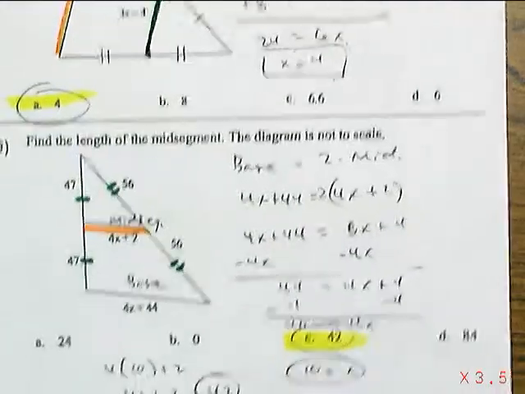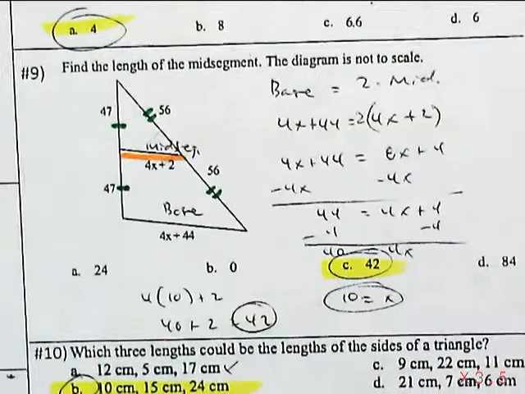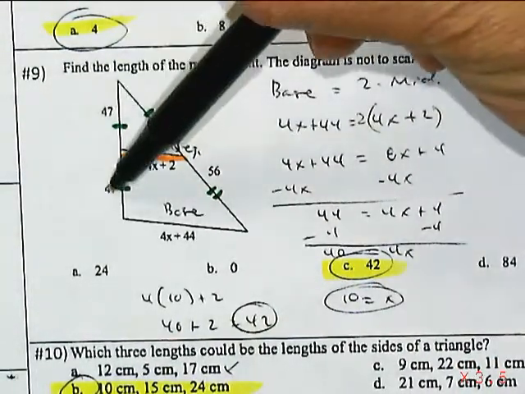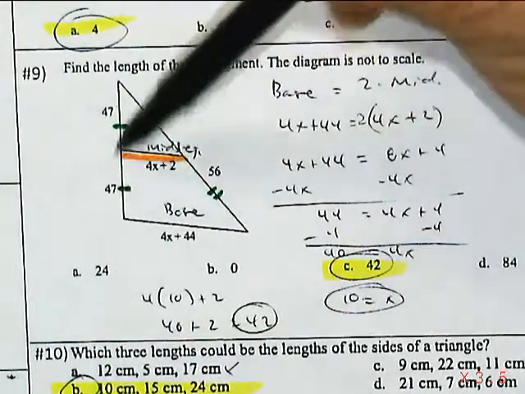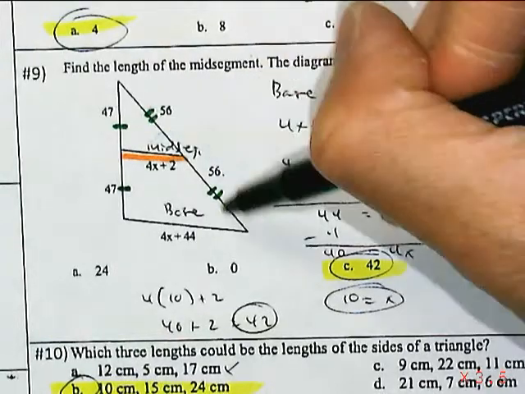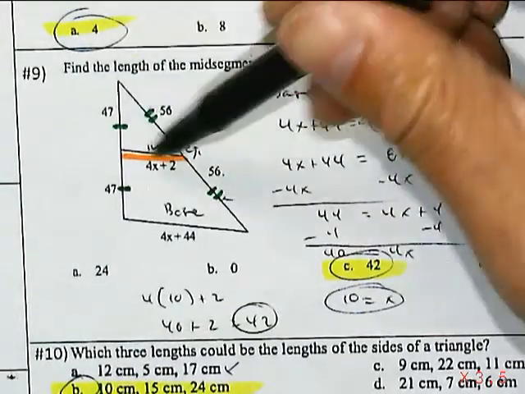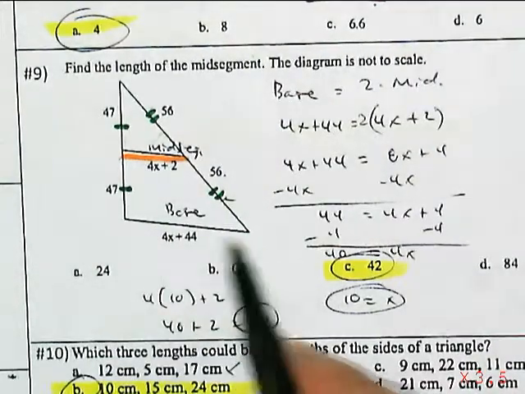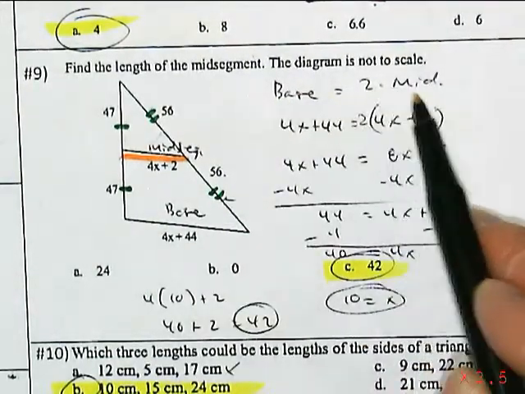Question number 9. Find the length of the midsegment. So it has both 47, which means those are congruent, so I can put these marks here. 56, they're both 56, so I can do 2 congruent marks. This helps me identify that this is the midsegment. Down here, this is my base. Base equals 2 times the midsegment.